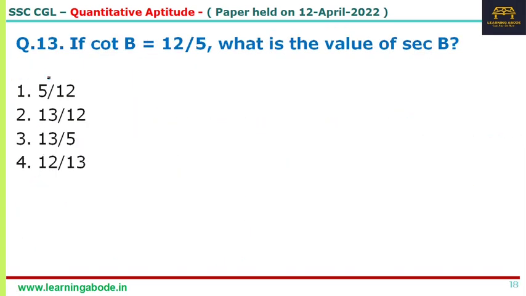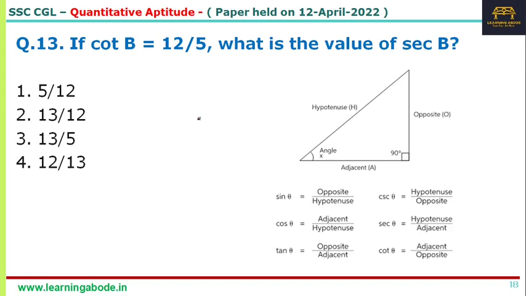Now 13th question, it's a very simple trigonometry based question, but we should know the basic formula so that we can solve it quickly, right? We have been given that cot B is 12 by 5. What will be the value of sec B? So what is cot B? It is adjacent side by opposite side.